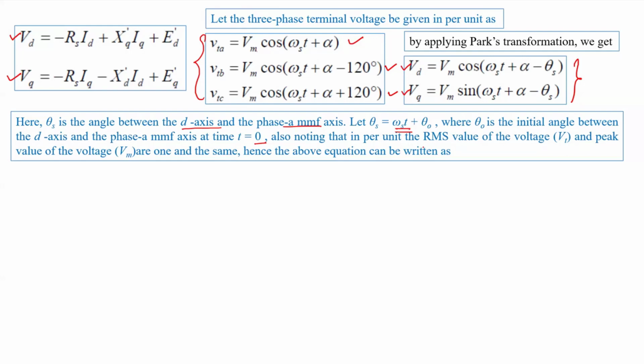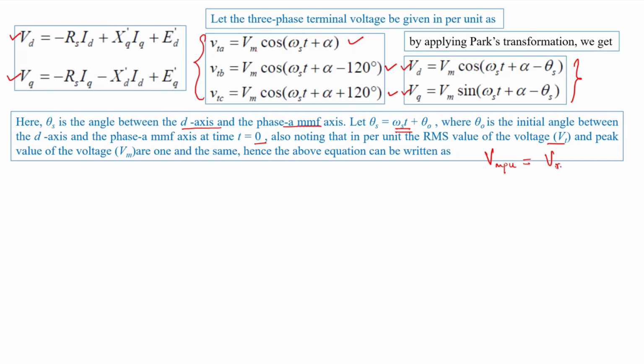Noting that the per unit RMS value of voltage Vt and the peak value of voltage Vm are one and the same. So we know that per unit Vm is equal to per unit RMS value.